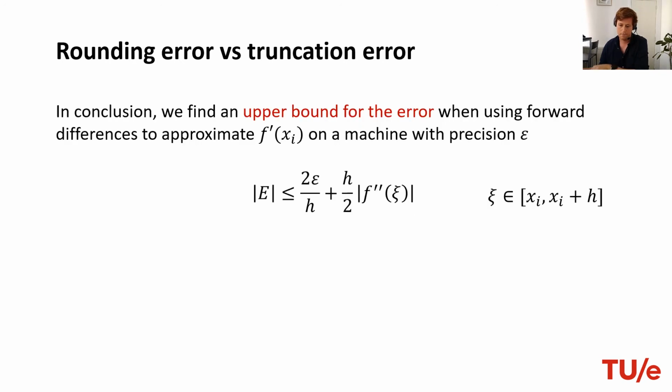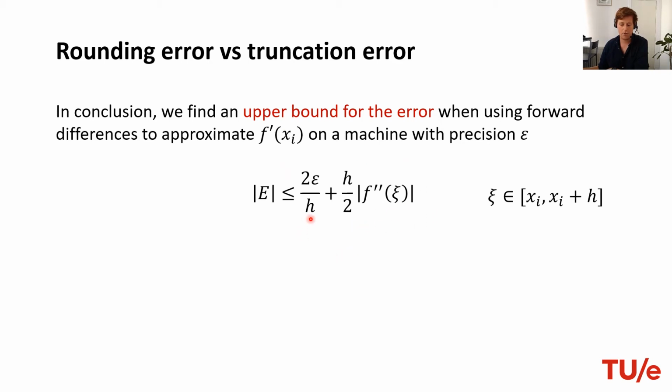So in conclusion, this was quite a derivation, and if it went a bit too fast in this video, I suggest you go through it with pencil and paper. But in conclusion, we found an upper bound for the error for this specific case where we use forward differences to approximate the first derivative on a machine with precision epsilon, and we found that this upper bound is equal to this.